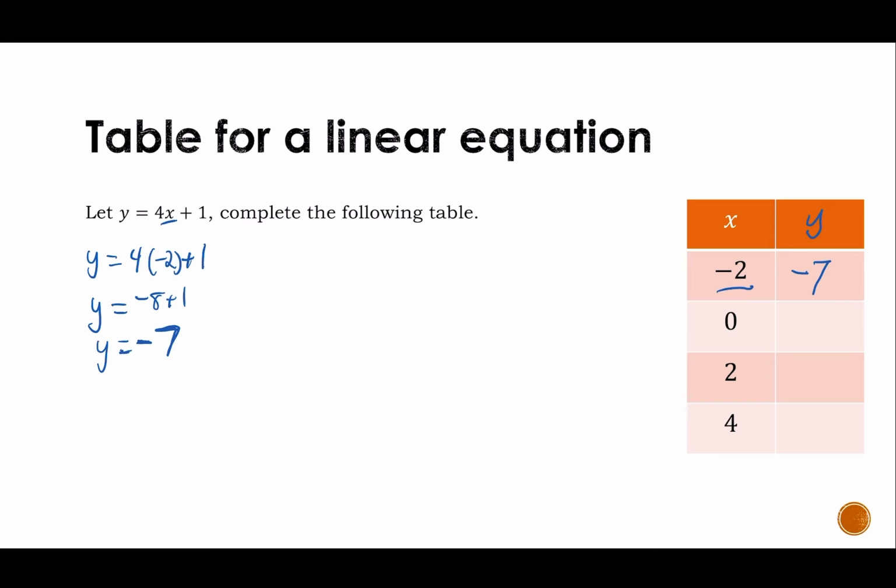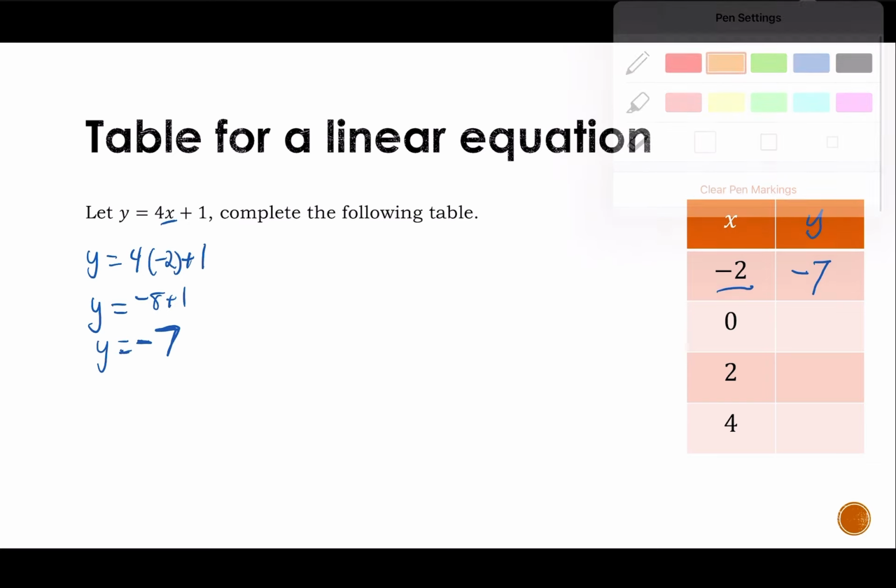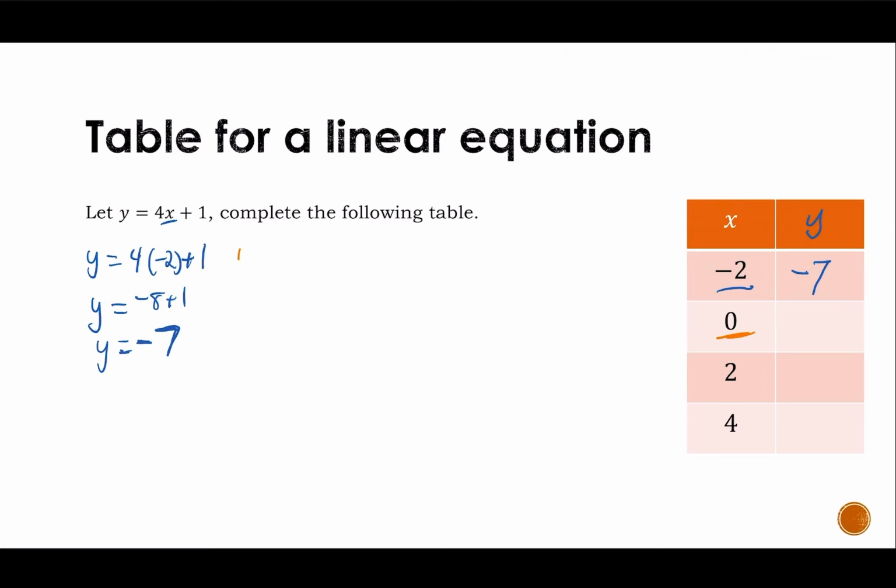a 0. So let's switch colors so we can make sure we're keeping our work organized. I have y is 4 times 0 plus 1. Well, 4 times 0 is 0, so I'm left with just 1. So I know that when x is 0, y is 1.